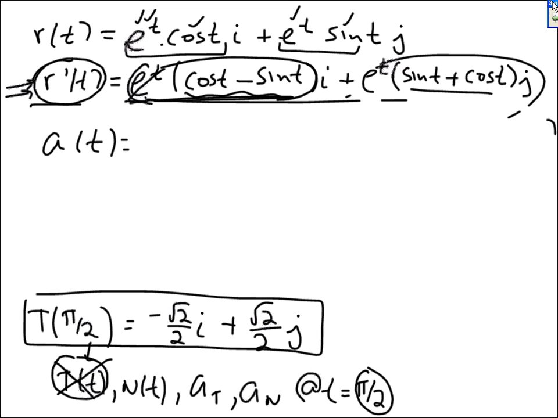Remember, when you have e to the t times some function and you want the derivative, you can factor out e to the t. You just do it a few times and say, oh yeah, it keeps happening.